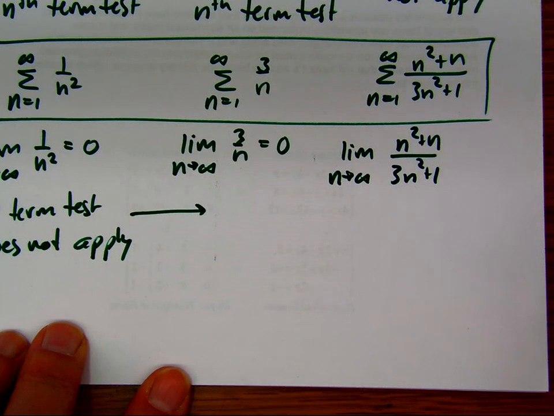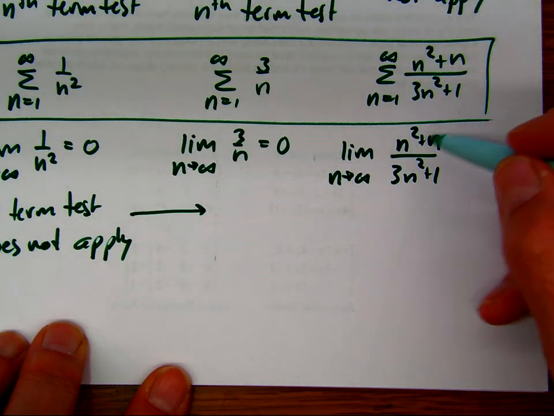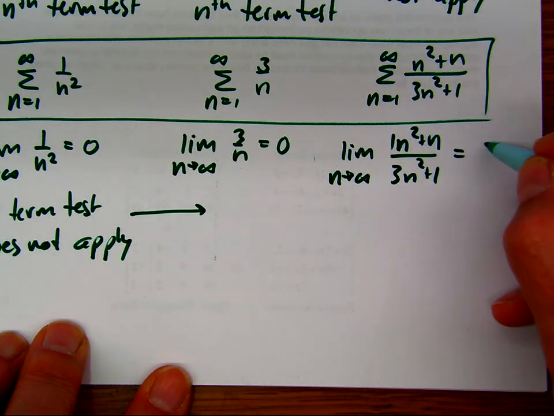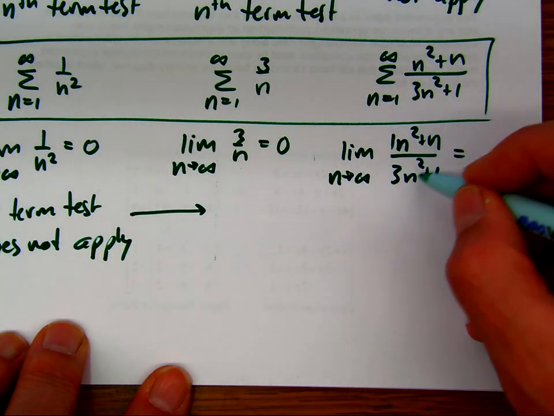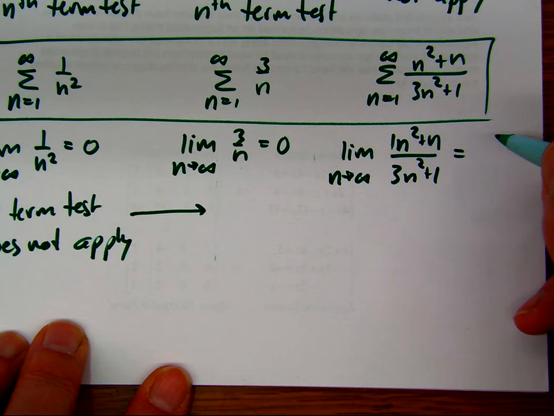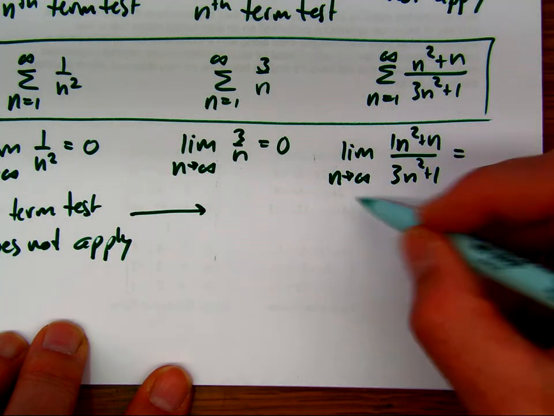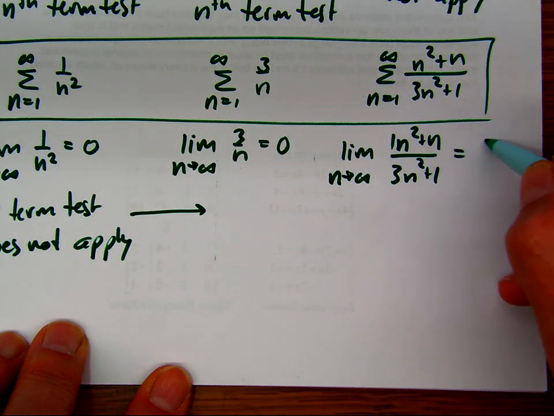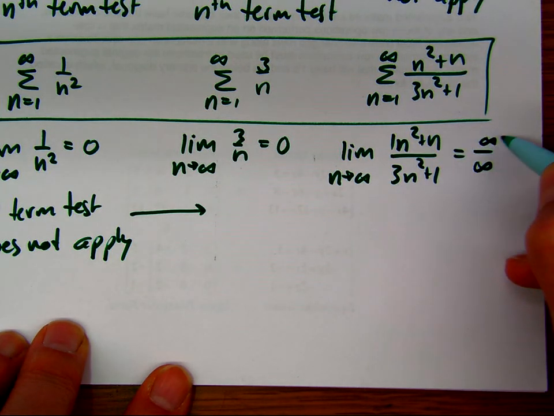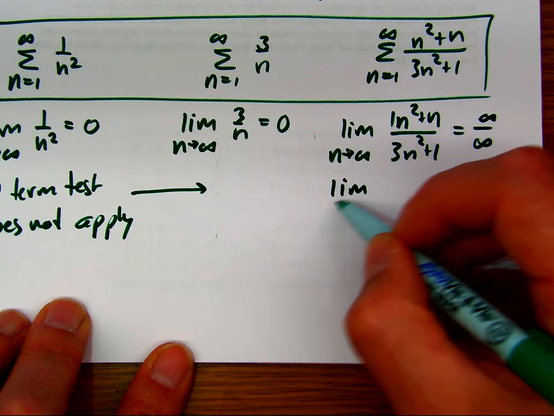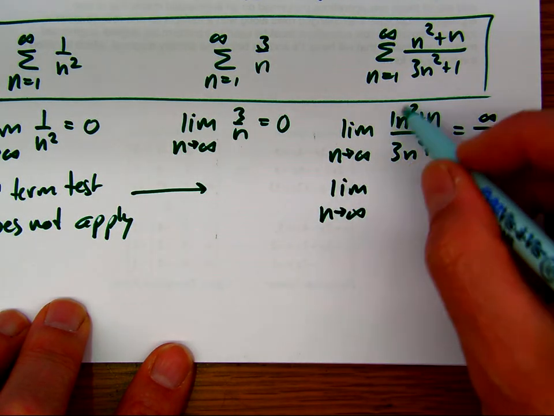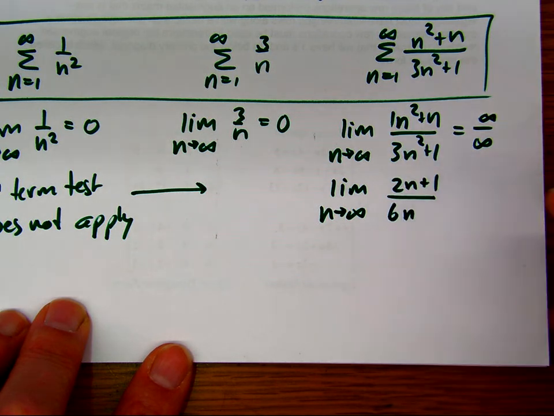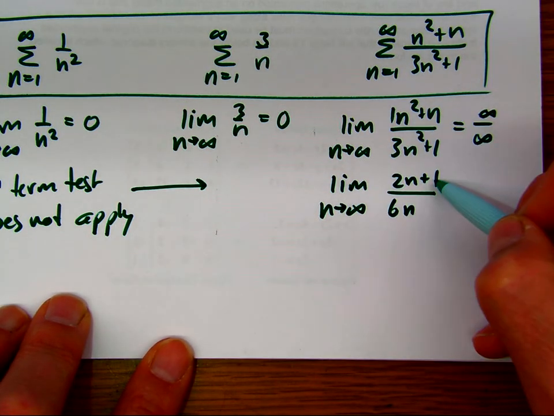And we've seen in pre-calculus that it's possible just to cancel these and we'll get a 1 over 3. We compare the highest exponents. In calculus, we have something called L'Hopital's rule, where if we get infinity over infinity, which is indeterminate, then we can just take the limit of the derivative of the numerator, 2n plus 1, over the derivative of the denominator.